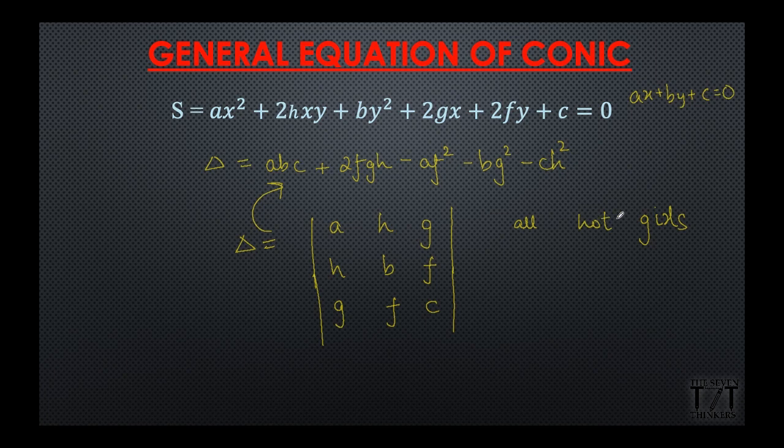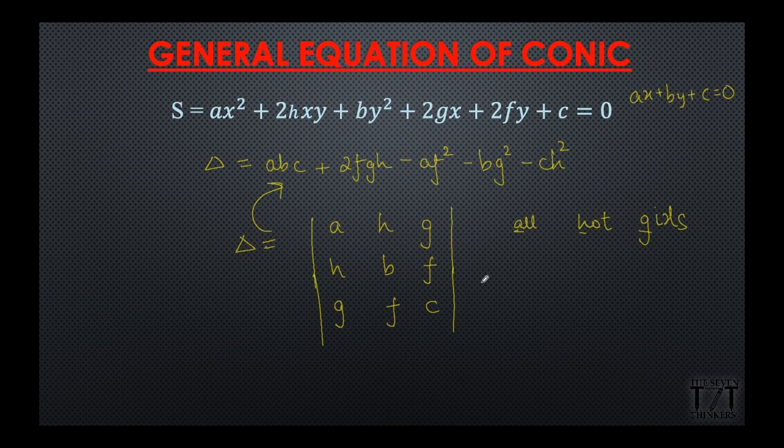The initial letters of all the words form the rows and columns of this discriminant. So all hot girls having boyfriend go for coffee. A simple way to remember it, and this will help you to find out the nature of conic, or whether a conic is degenerate or non-degenerate conic.